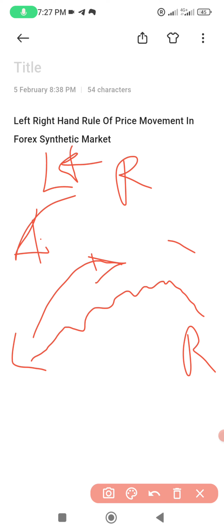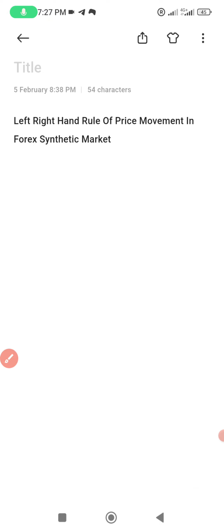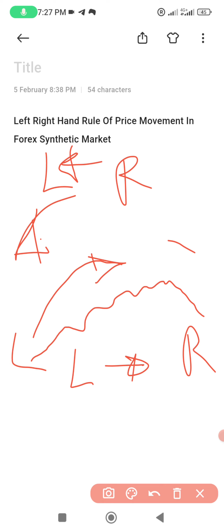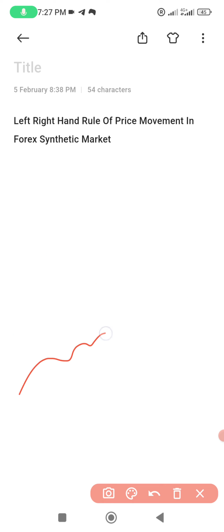It moves from left to right. That is the left-right rule. So when price is moving from left to right, it follows some sort of trajectory.